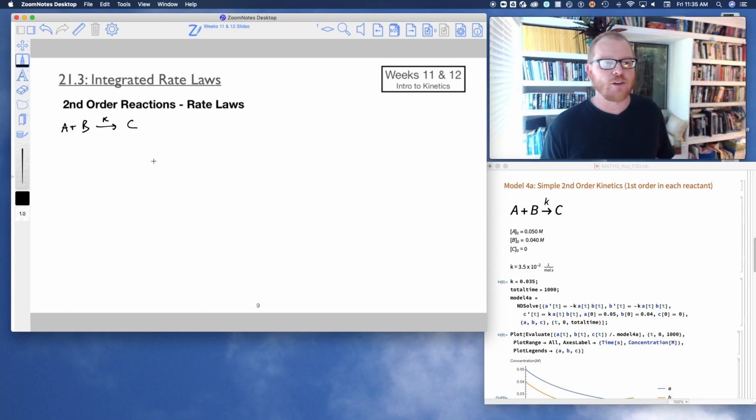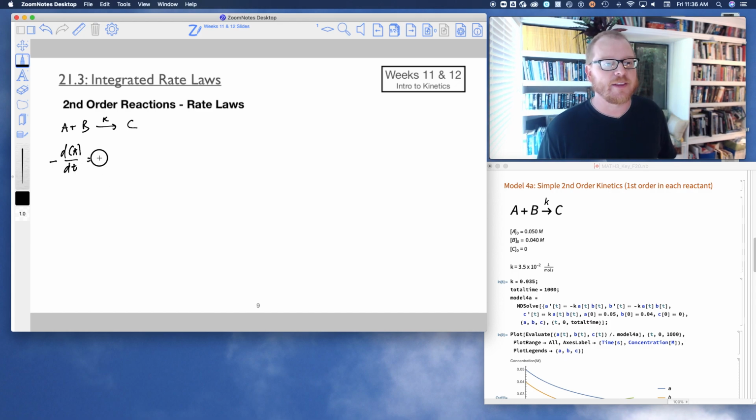And if I were to write a rate law for this, it would look like the following. It would be negative dA by dt, and I'm going to put the negative sign in front to get that stoichiometric coefficient correct.